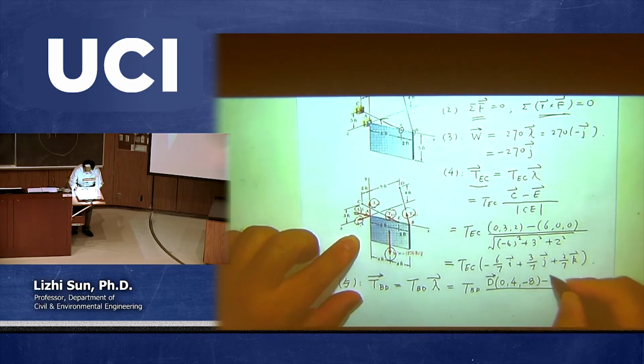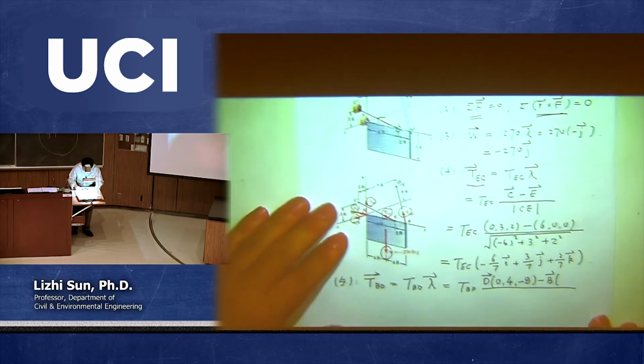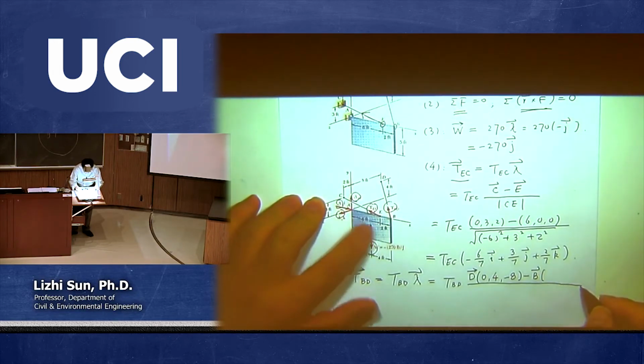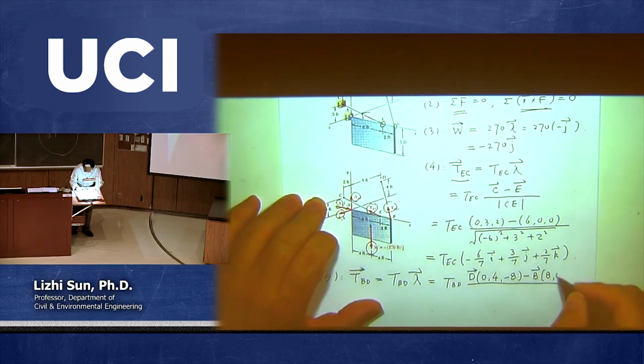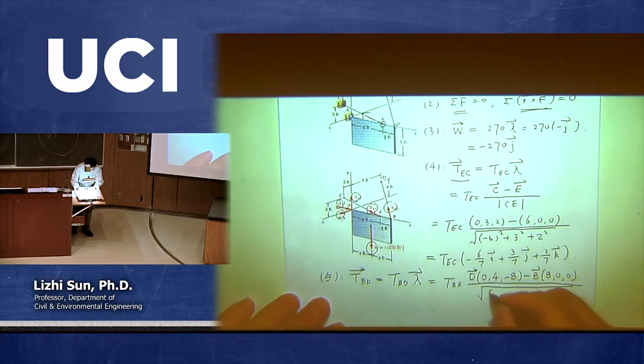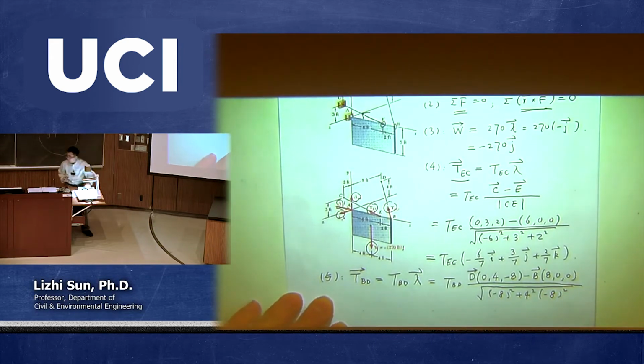Minus the 3 components of point B. Point B, that's 6 plus 2, that's 8, and 0, 0. And divided by the distance between point B and point D, that's going to be negative 8 squared plus 4 squared, negative 8 squared, and then square root.